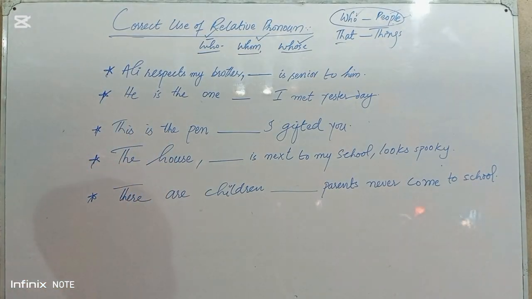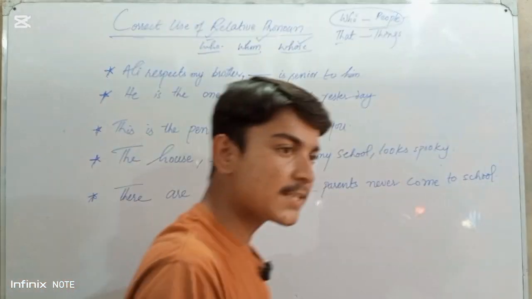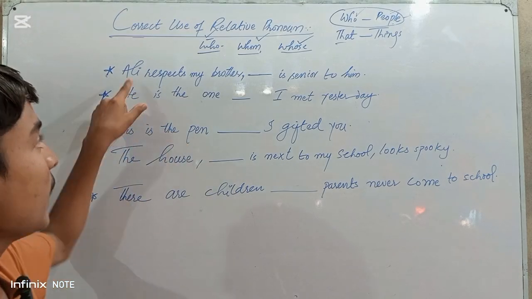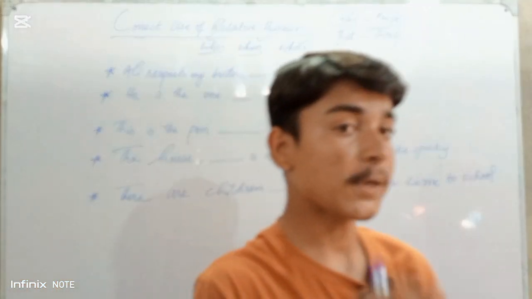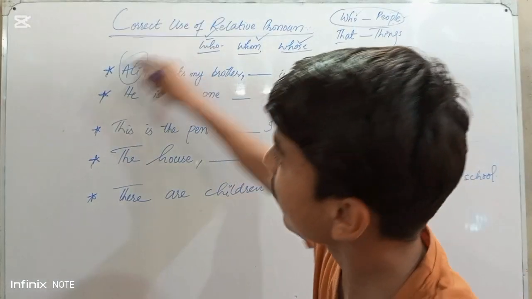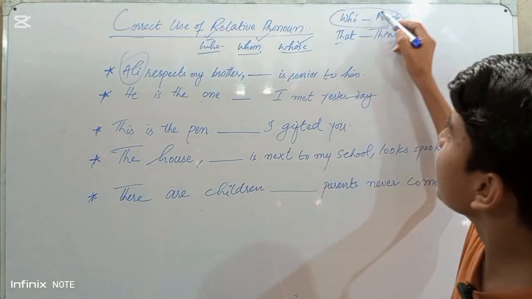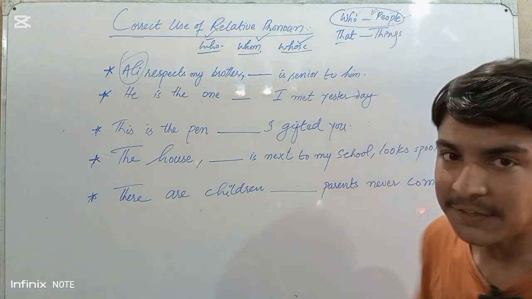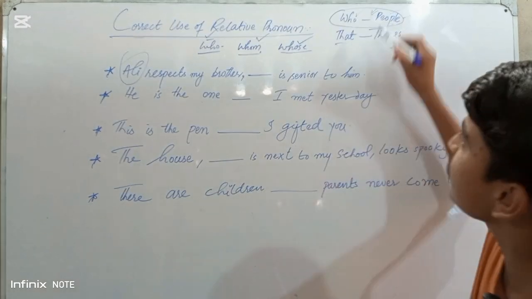So let's get started. Ali respects my brother, dash is senior to him. Ali is a person. So for a sentence which represents a person or people, we use who.